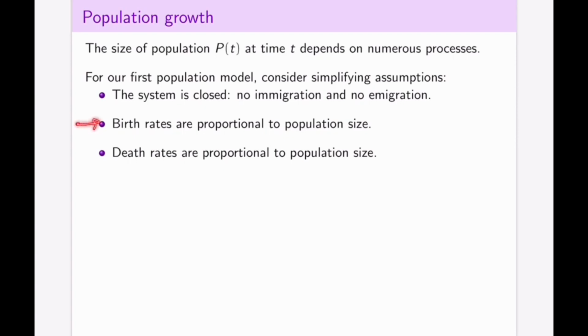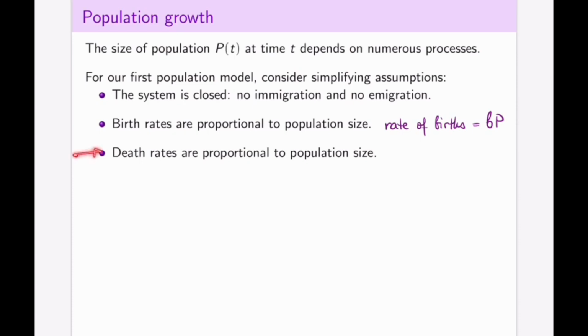We're also going to assume that birth rates are proportional to population size. So if my population is denoted by P, then I'm going to assume that the rate of births is equal to some constant B times the population size. So we're assuming some proportion of the population is actually giving birth to other humans or other species, I suppose.